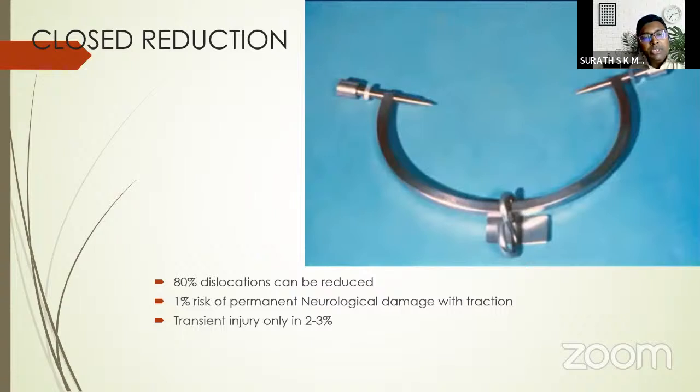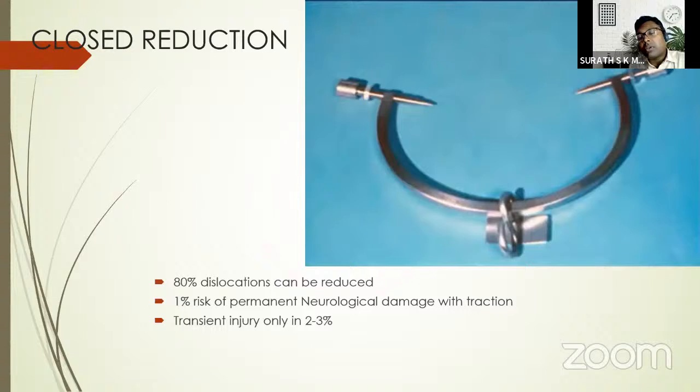If the patient presents at night, say at midnight, and we have only 4 or 5 hours until the next day when we can go for an open surgical reduction, then I don't think there is any hurry to go for a closed reduction.